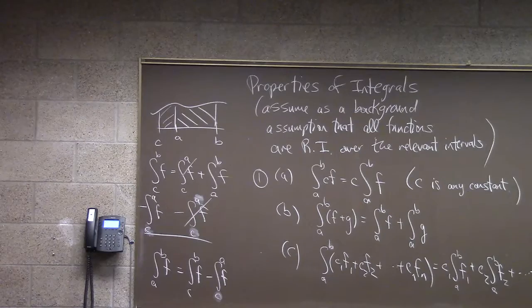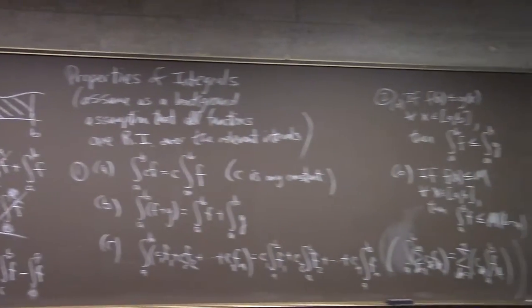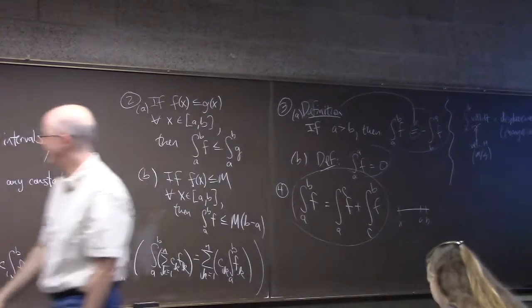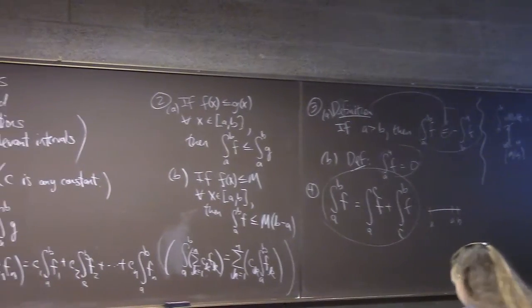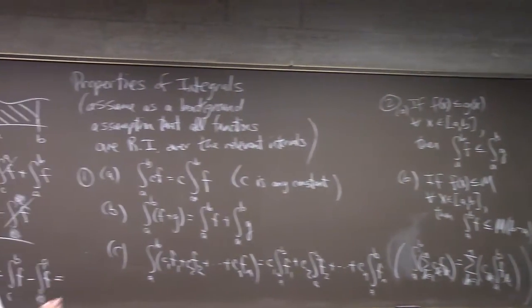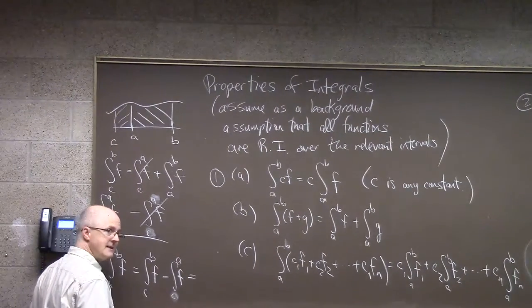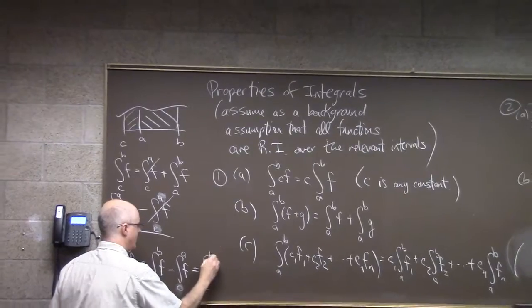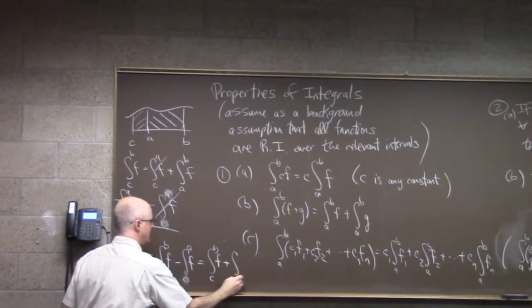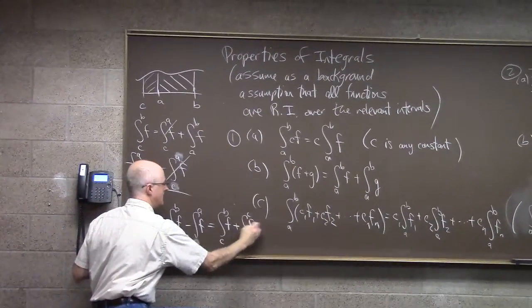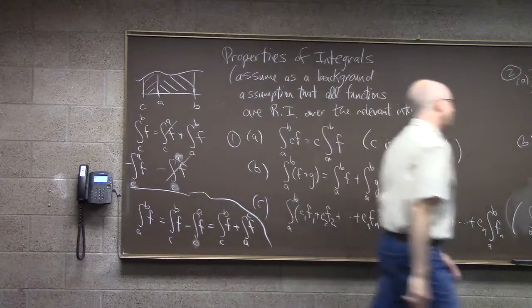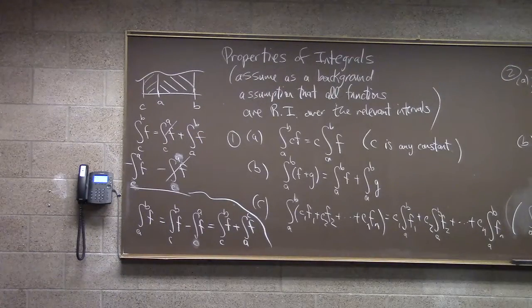Doesn't look like this yet until you use this fact. The negative of the integral from c to a is the same as plus the integral from a to c. That now matches this.